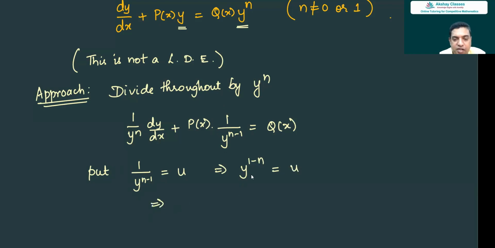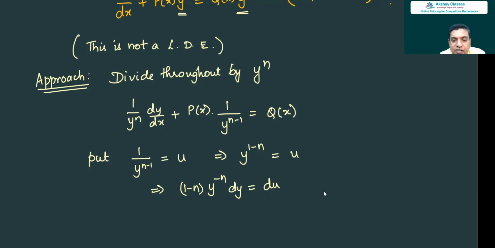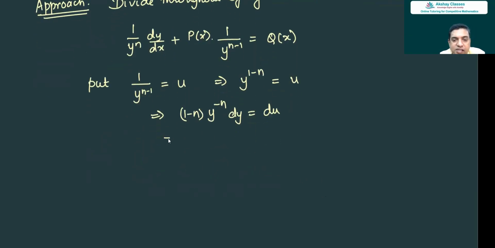Now when you differentiate, we get 1 minus n into y to the power 1 minus n minus 1 dy is equal to du.